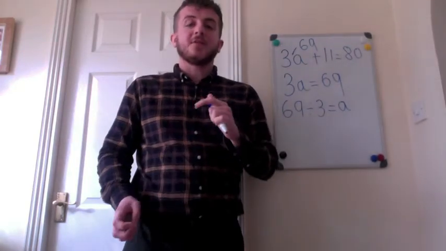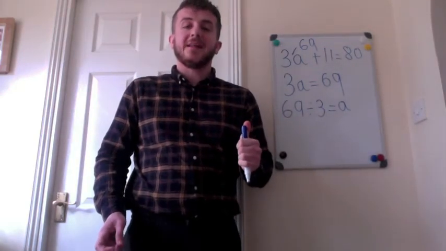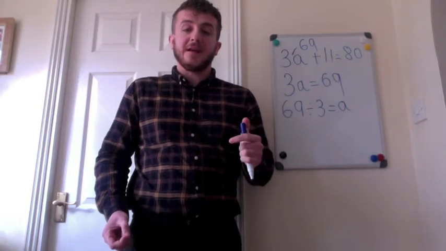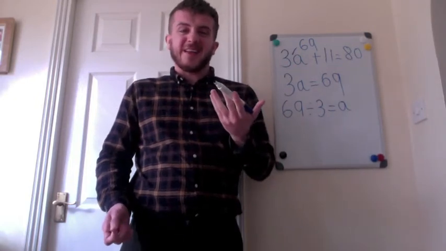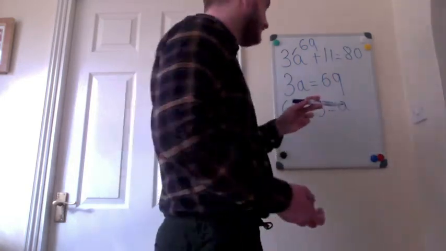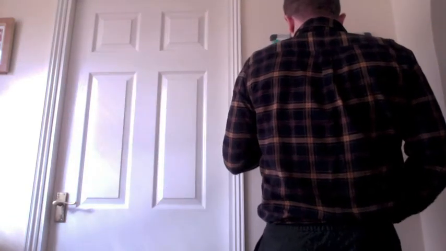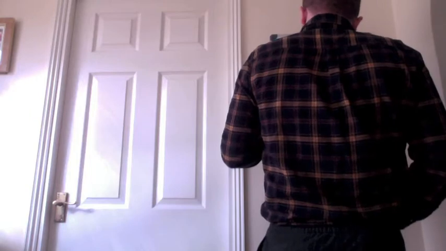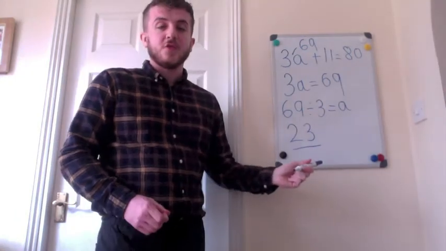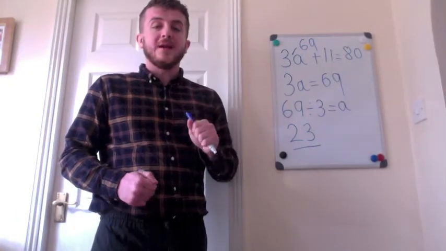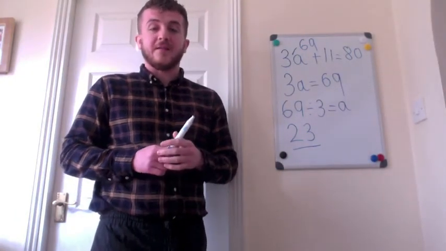You can have some time now to calculate the answer to that one. 69 divided by 3. However, we're going to go through it again together. My final answer is 23. 3 times 23 is 69.